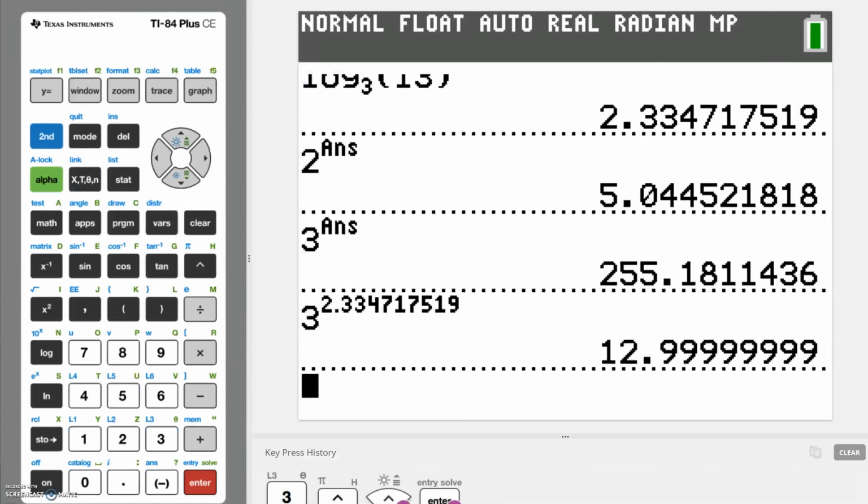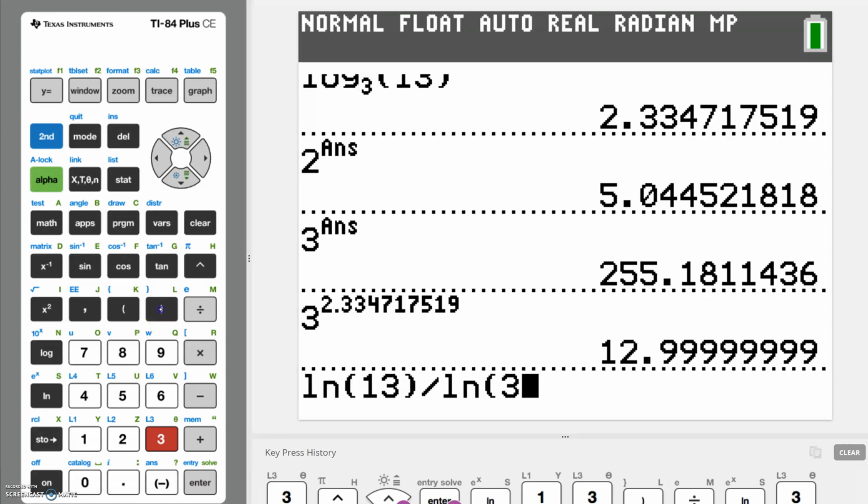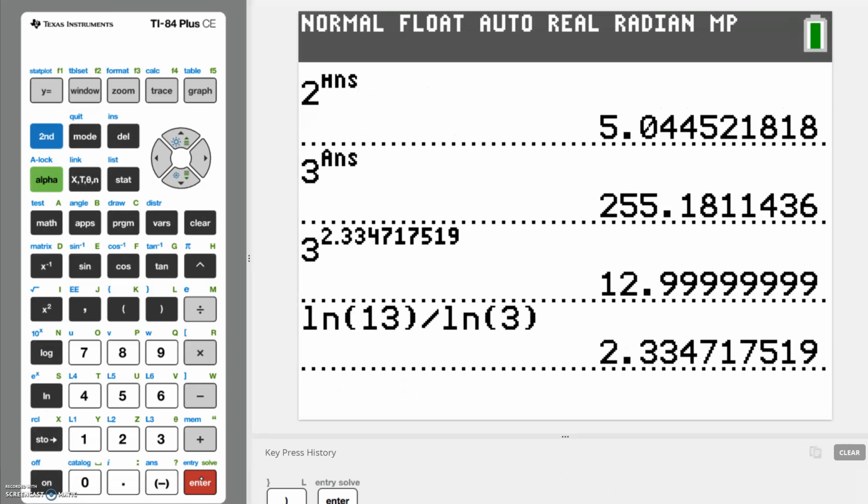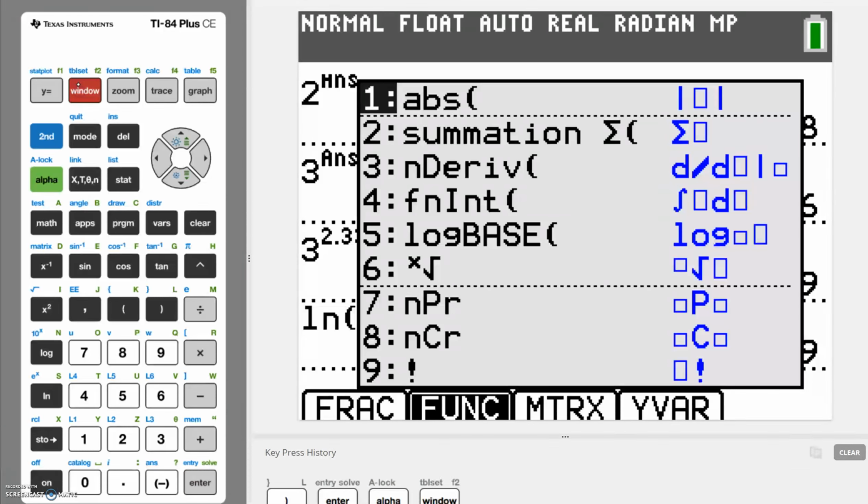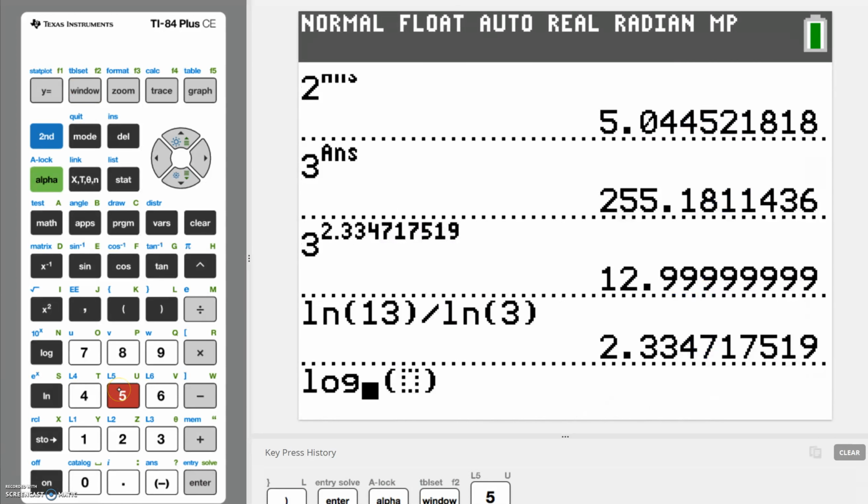If you do the natural log of 13 divided by the natural log of 3, then you get that same answer, 2.335. That's the same thing we got when we put in log base 3 of 13.